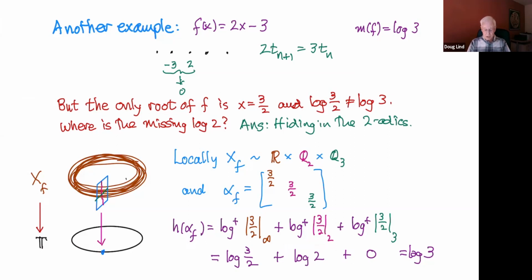It's outside the quote unit circle. 3-adically, 3/2 is small, and so this log plus is equal to 0. It's a contraction 3-adically, an expansion 2-adically, and an expansion in the real direction as well. So if you add up the logs of these expansion constants, you'll get log 3/2 plus log 2, and you get the correct answer, log 3.